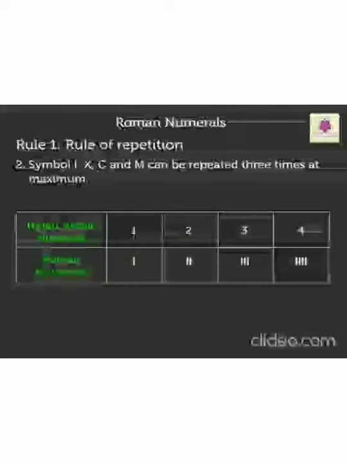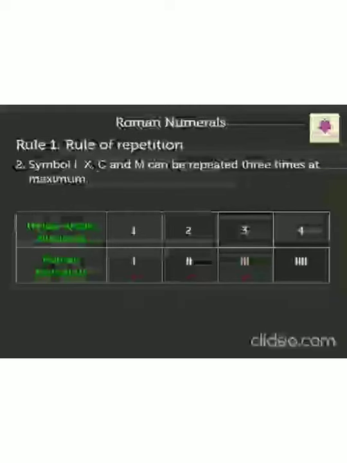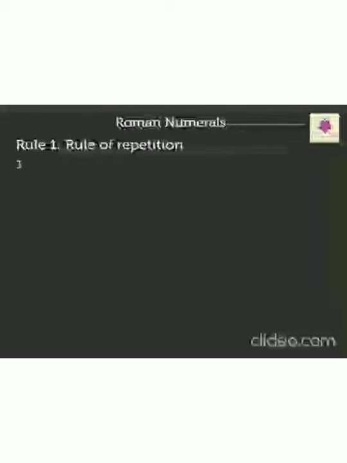For example, we can write 1 as I, 2 as II, and 3 as III in Roman system, but we cannot write 4 as IIII. 3.